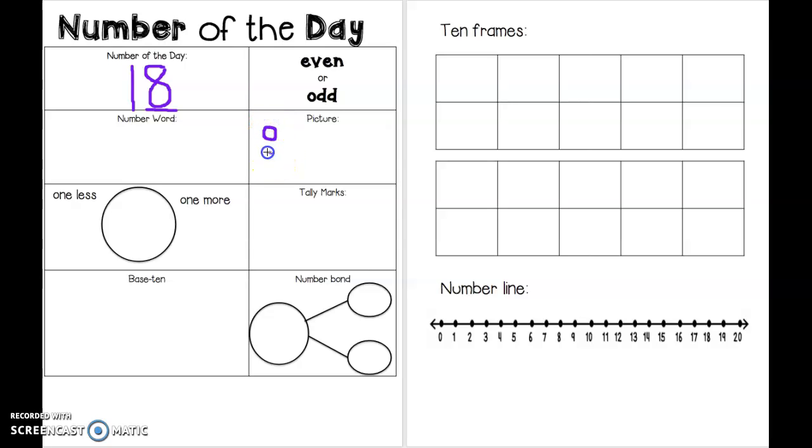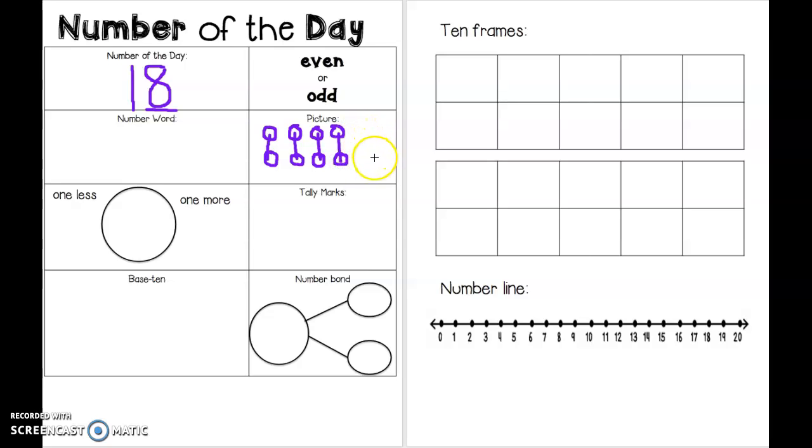1, 2, 3, 4, 5, 6, 7, 8. All right, so let's see if everyone has a dance partner. They have a dance partner, they have a dance partner, they have a dance partner, and they have a dance partner.